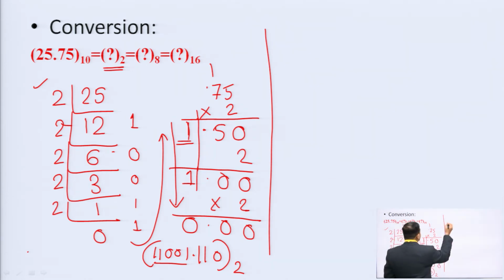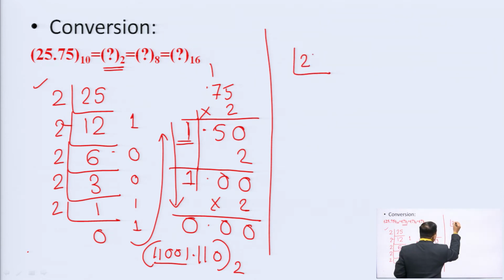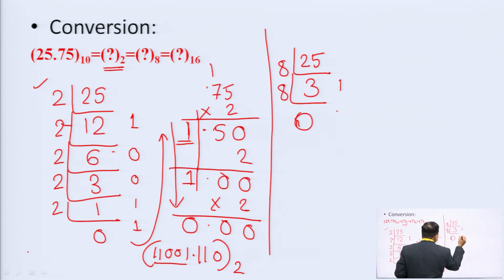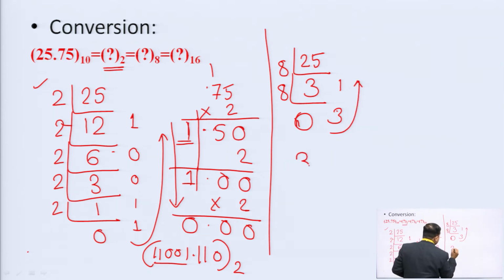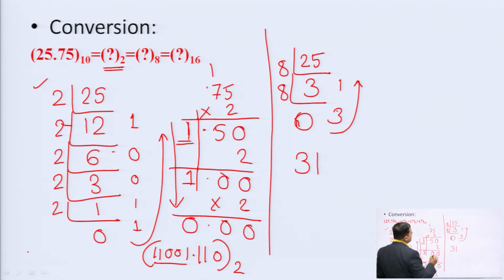Okay, let us start. 25, if I divide by 8, 8 3s are 24, remainder is 1, then 8 0, remainder is 3. You write it like this. For the integer part we are getting 31, collected in reverse order.